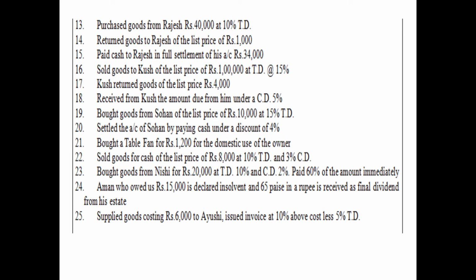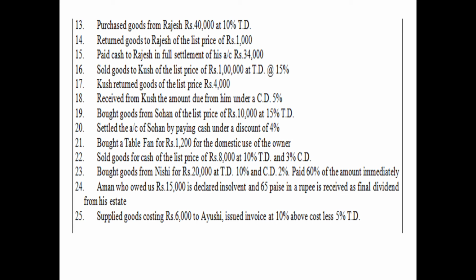Ultimately the business will receive 6,984, due to which cash is coming in, therefore cash account will be debited. So the entry for this will be cash account debited 6,984, discount allowed account debited 216, to sales account 7,200.